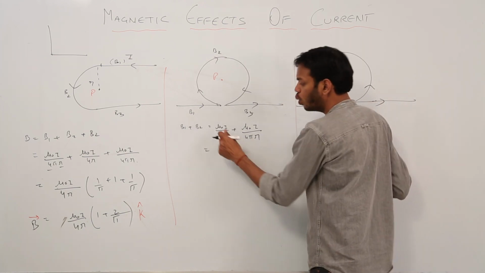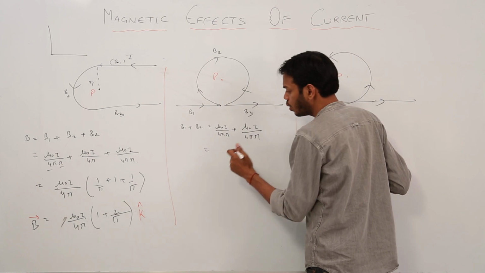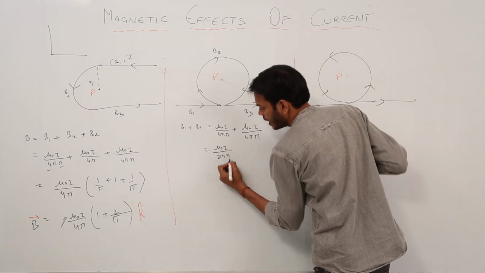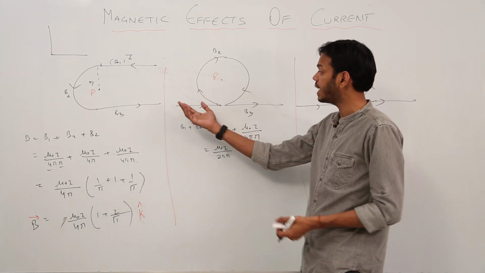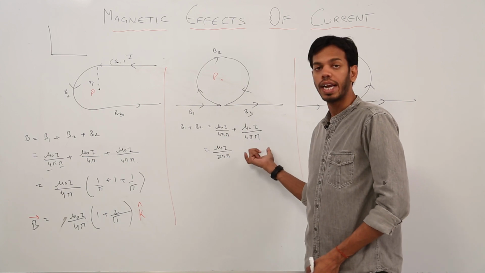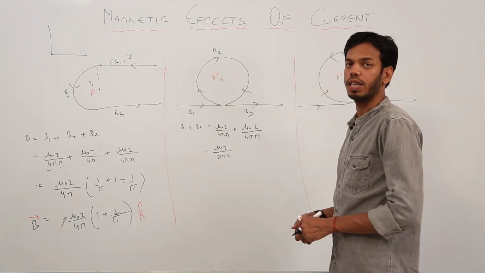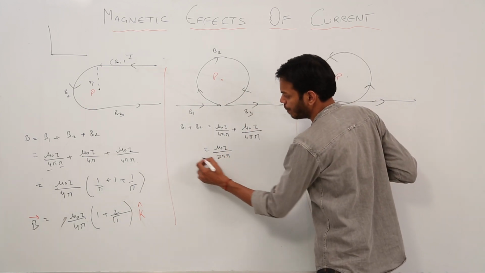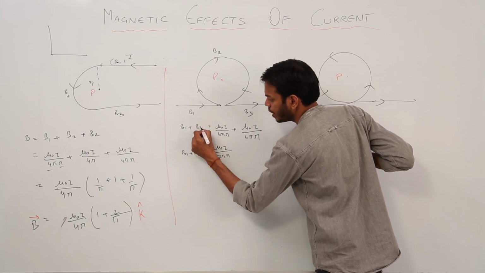So 2 mu naught I upon 4 pi r, the 2 gets cancelled out, mu naught I upon 2 pi r, which is equivalent to the magnetic field at a point due to a straight infinite length. So two semi-infinites make one infinite, even if there is a small gap in between, it doesn't matter, it is negligible. So this is the final outcome for B1 plus B3, not B2.